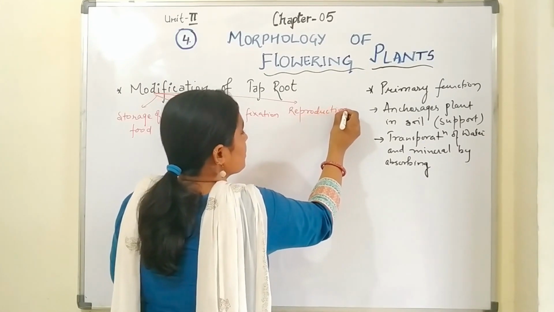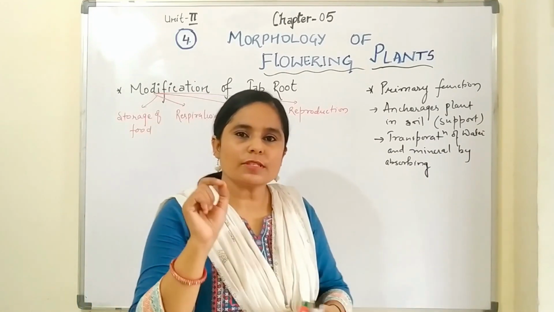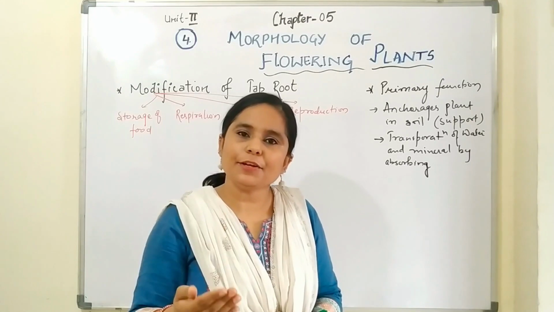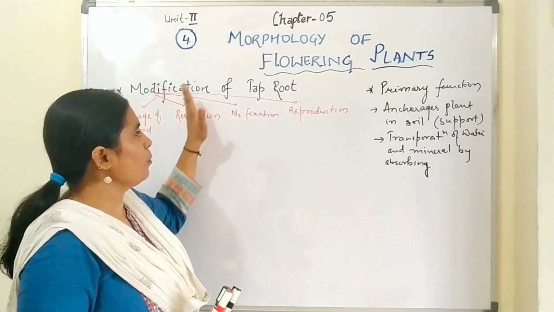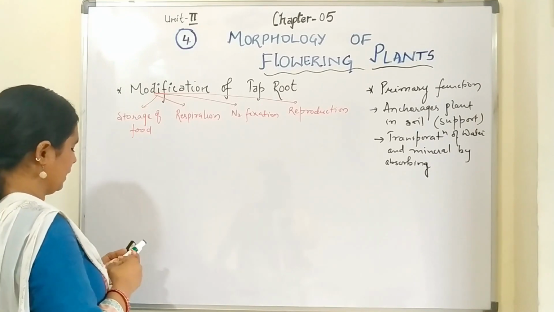Fine. So these are the modified functions of the root. So we are going to study the modification in case of taproot and later on we will be talking about the modification of adventitious root. So one by one we will be taking it.